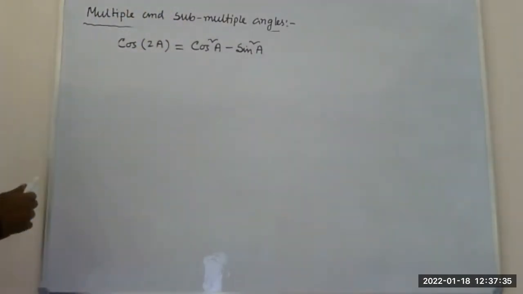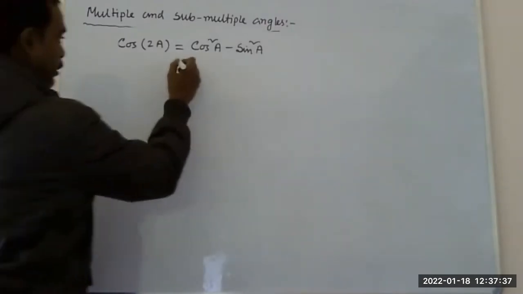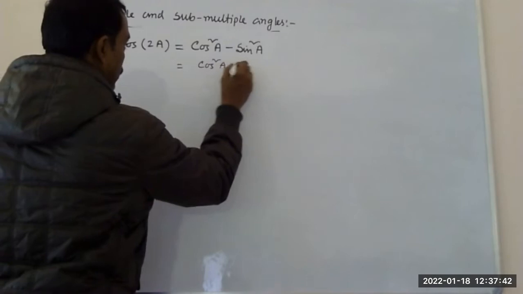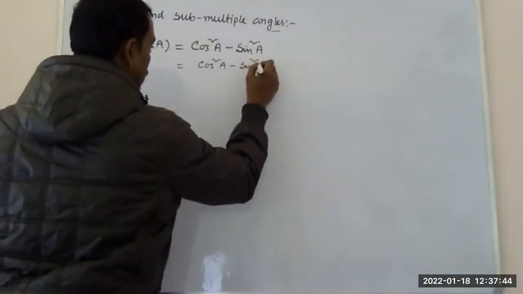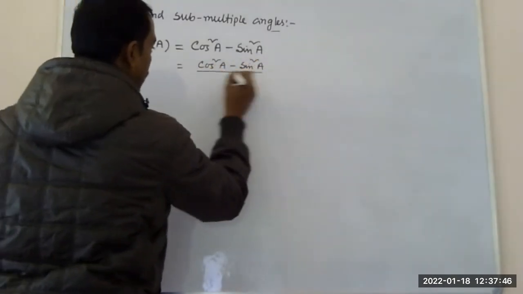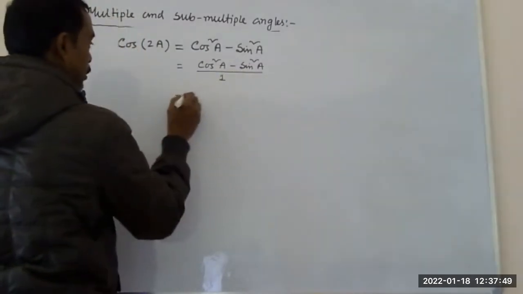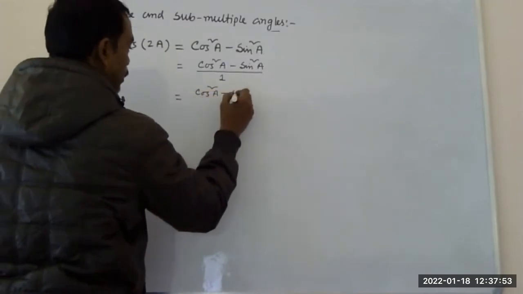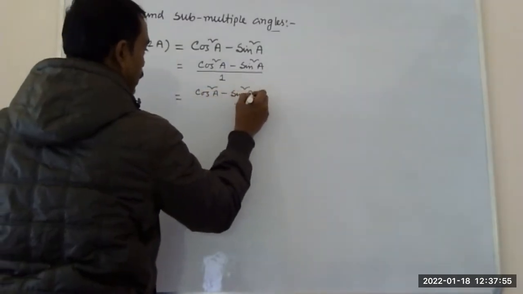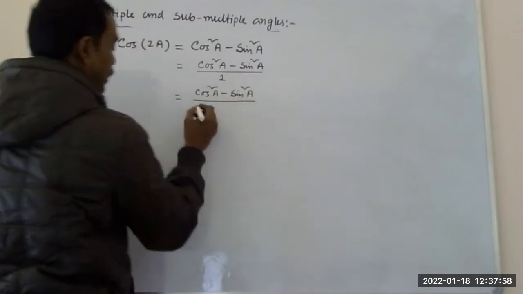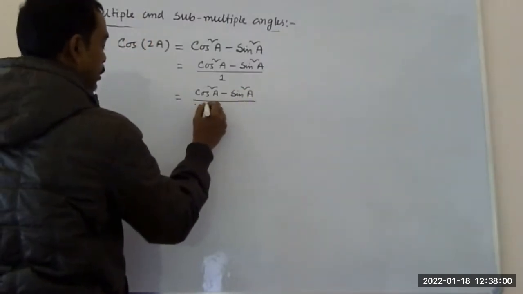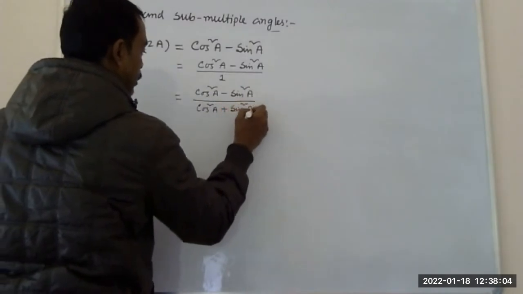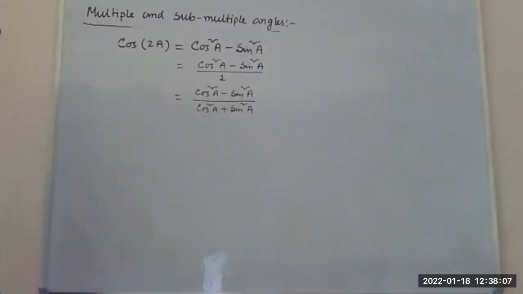Again, we know that cos 2a is equal to cos square a minus sin square a. This can be written as cos square a minus sin square a divided by 1. This 1 can be written as cos square a plus sin square a.